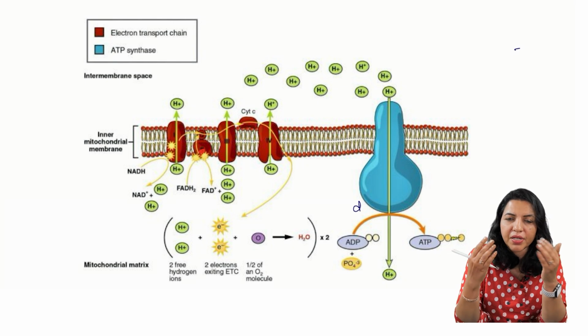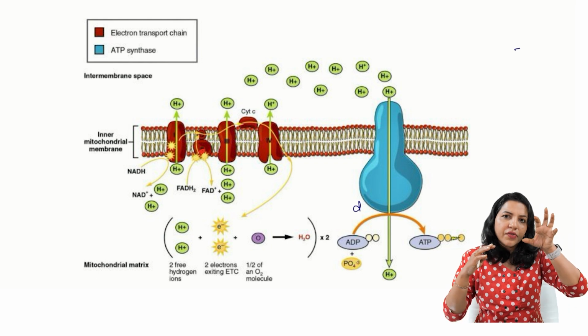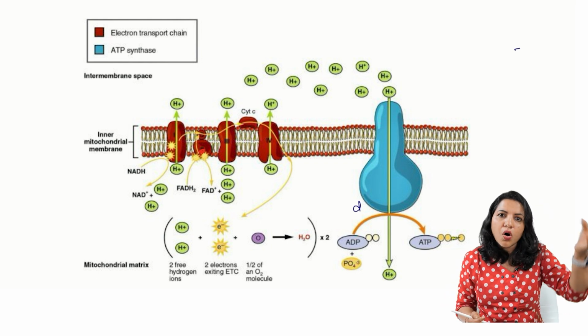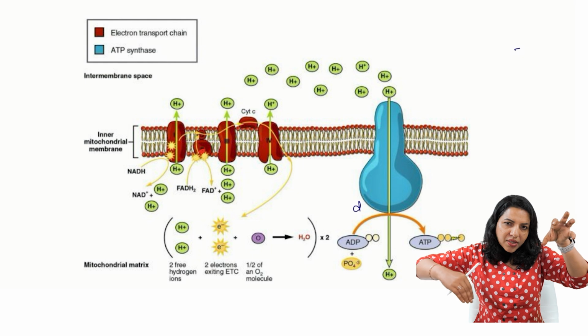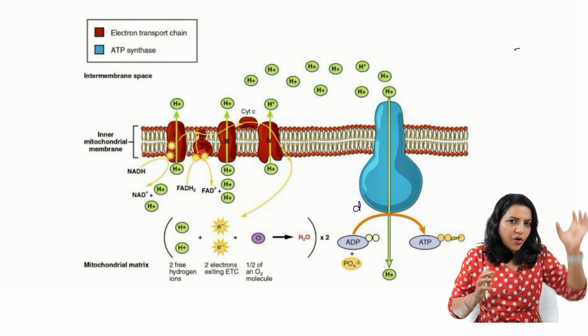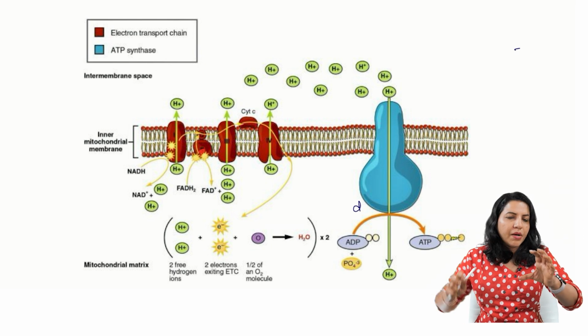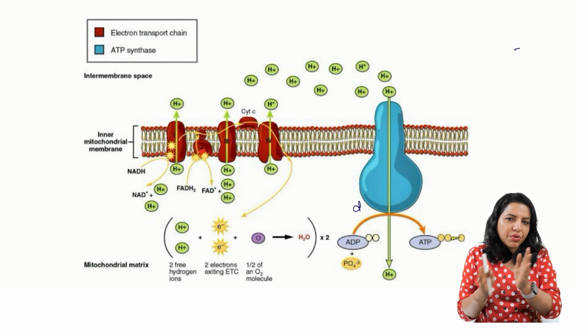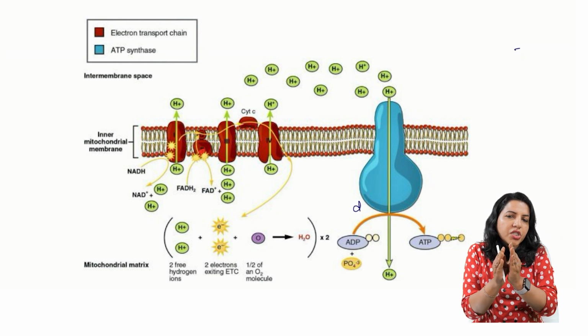Then the uncoupler. Uncoupler means if you add an uncoupler, oxidation is uncoupled from phosphorylation, which means that oxidation will happen but phosphorylation is not happening because they are not coupled with each other now.